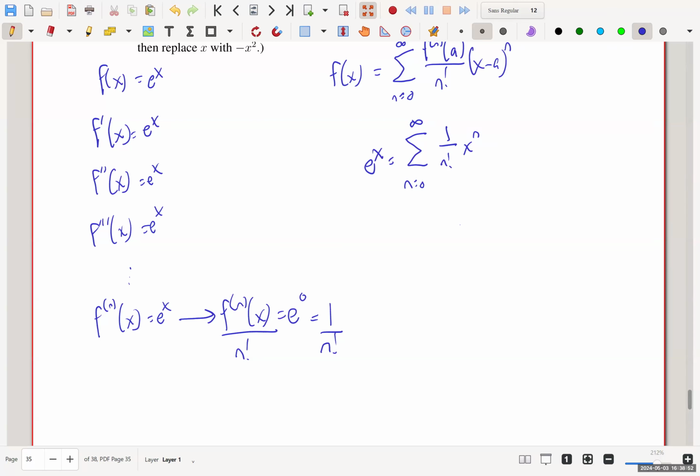But did I want to expand e to the x? No, I want to expand e to the negative x squared. And so the trick here is what I'm going to do. I'm going to replace x here with negative x squared.